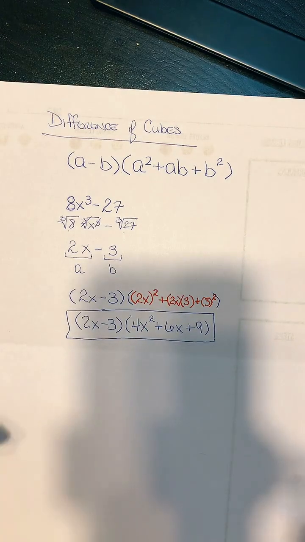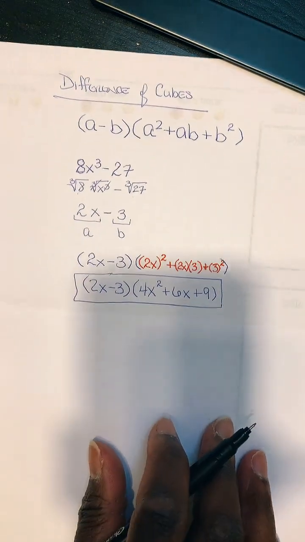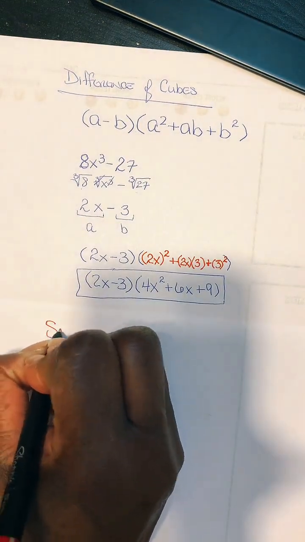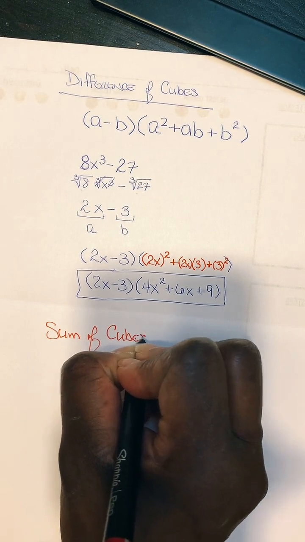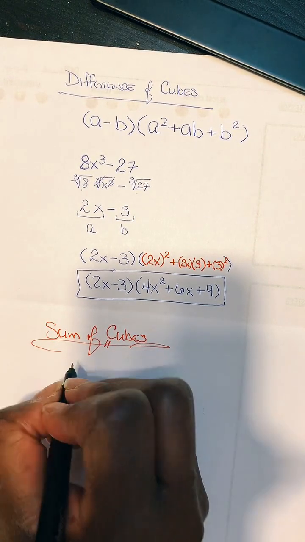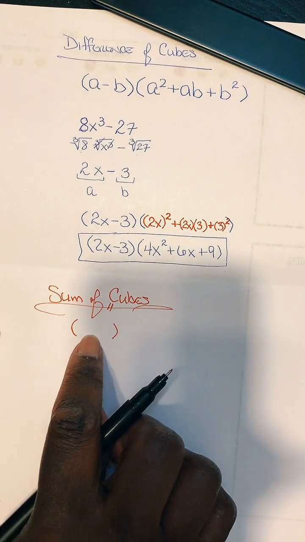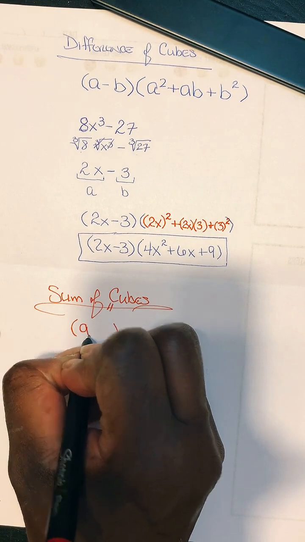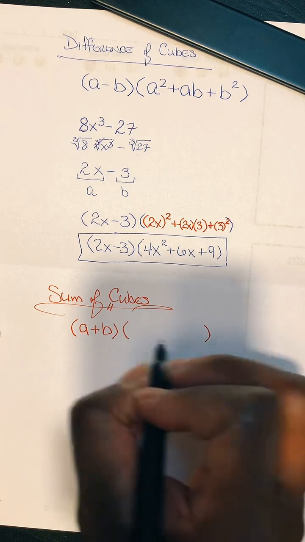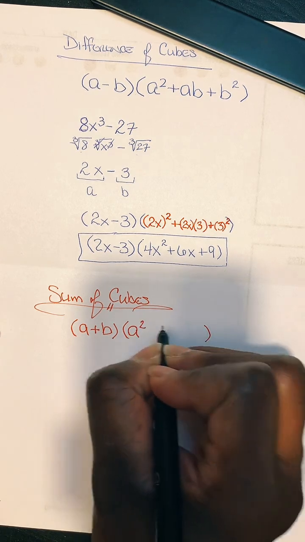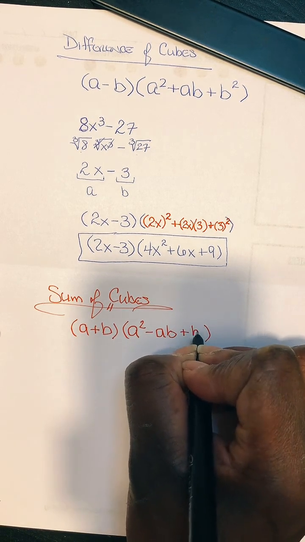If they say the sum of cubes, that means your first parenthesis is going to be A plus B. And then your second parenthesis is going to be A squared minus AB plus B squared.